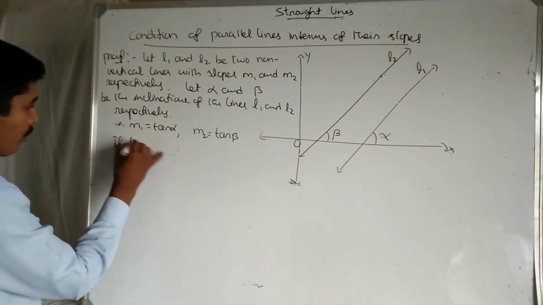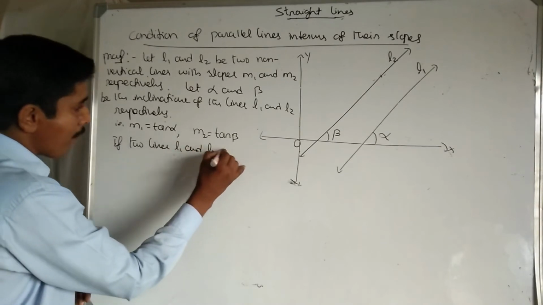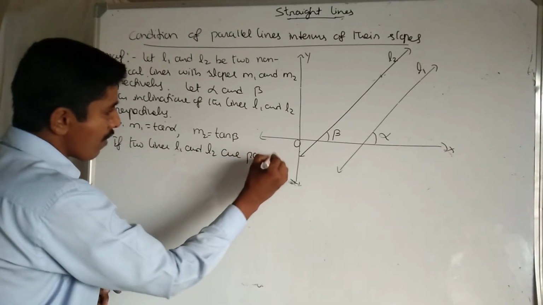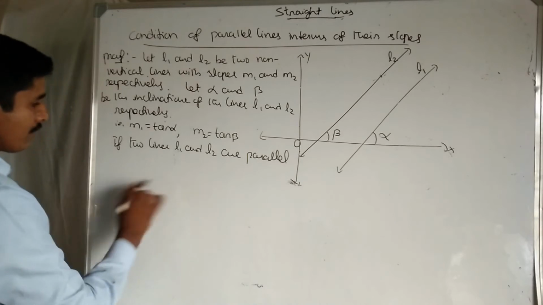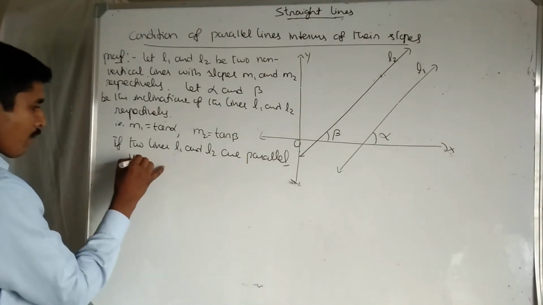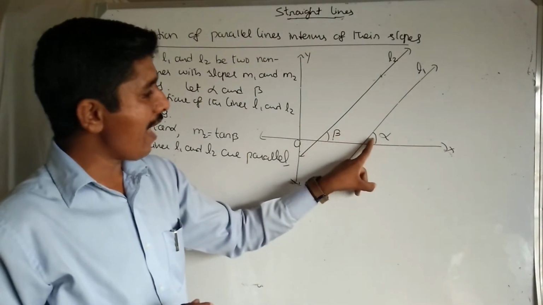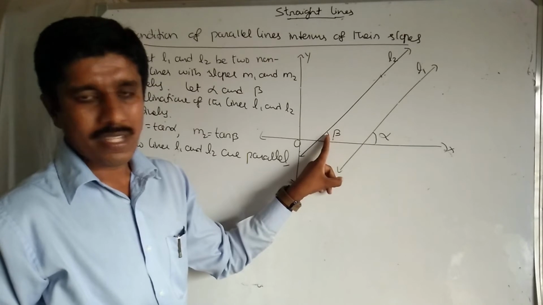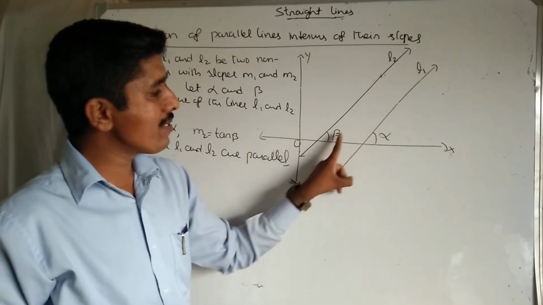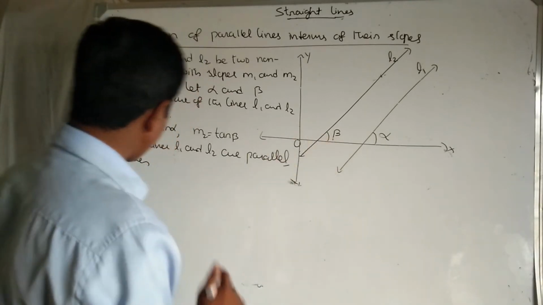Clearly, if two lines L1 and L2 are parallel, their inclinations are equal. Clearly alpha equals beta, because for parallel lines these two angles are equal.